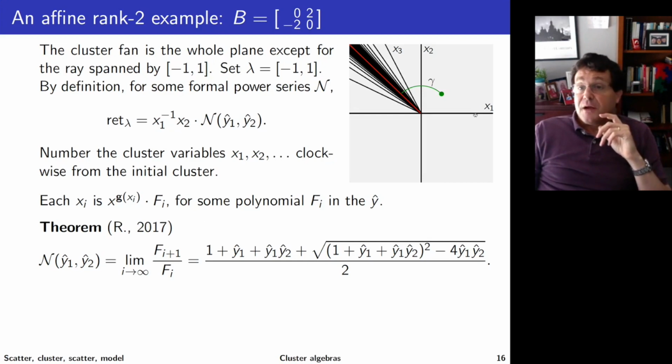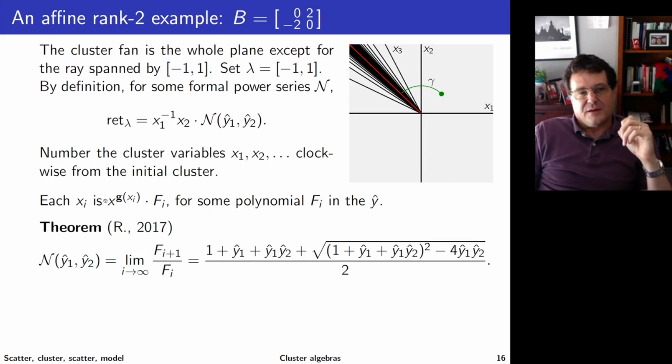If I start numbering my cluster variables as shown in the picture, two things happen with this return function. First of all, I can basically write this return function as a limit of ratios of cluster variables. The way I'm going to do it is I'm going to recall that each cluster variable is like x to a g-vector times some polynomial in the y-hats.